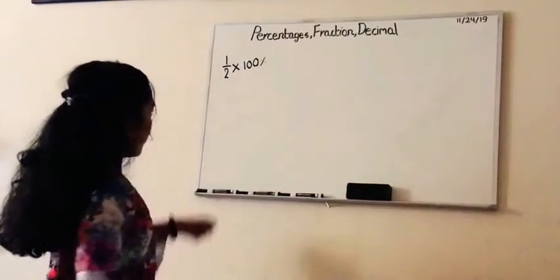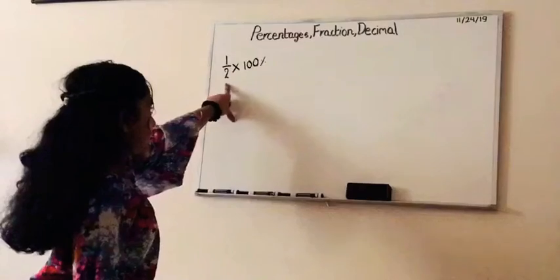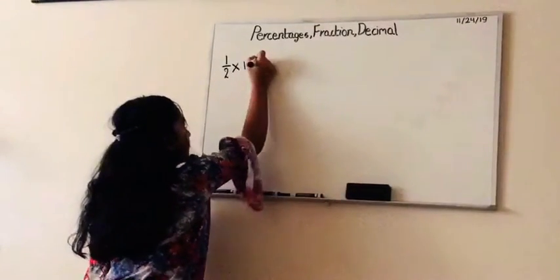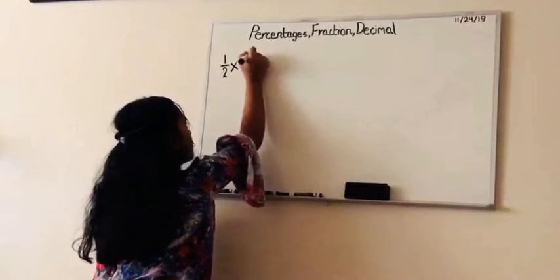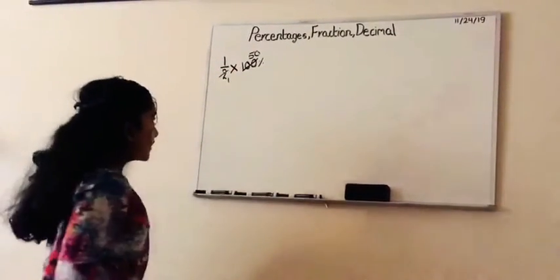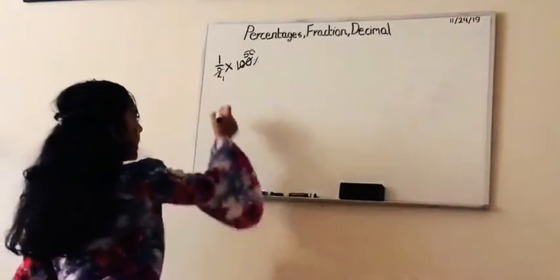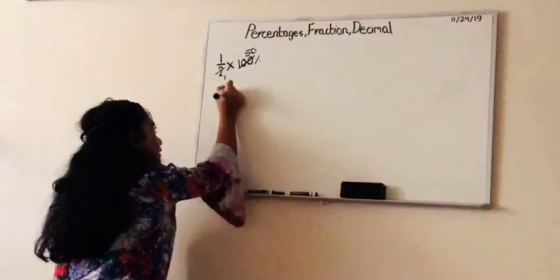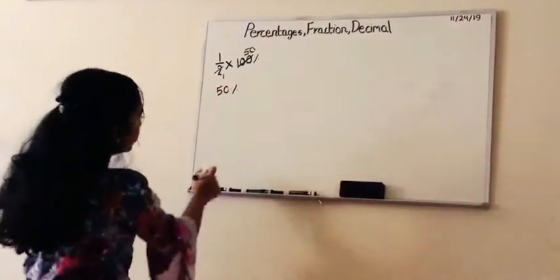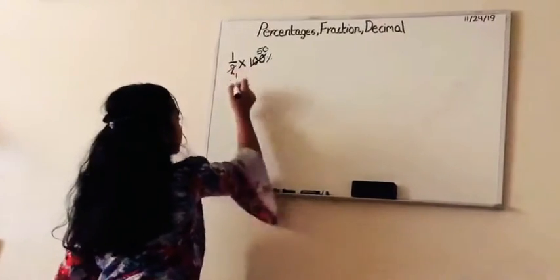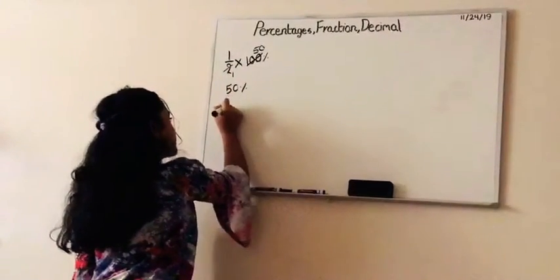If you look at this, you can simplify it and make this a 50 and this a 1. Now you multiply it and you get the answer very simply. So it would be 50%. So the answer is 50% for this. We turn this into a percentage.